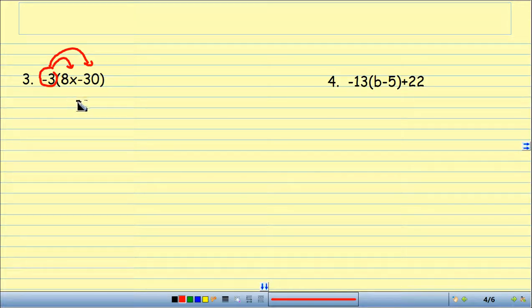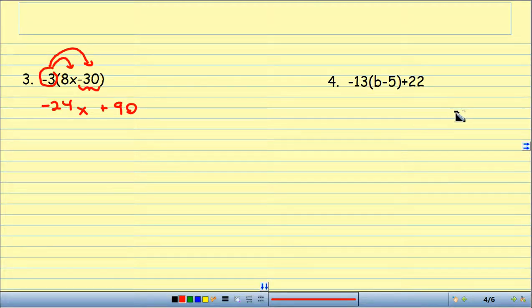So I have negative 3 times 8x. And that's going to be negative 24x. And I have negative 3 times, don't forget, it's a minus 30. So negative 3 times a negative 30. That should give me positive 90.